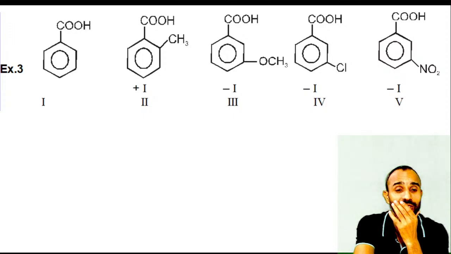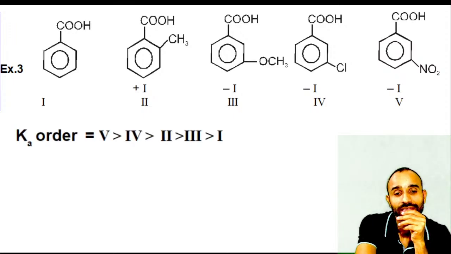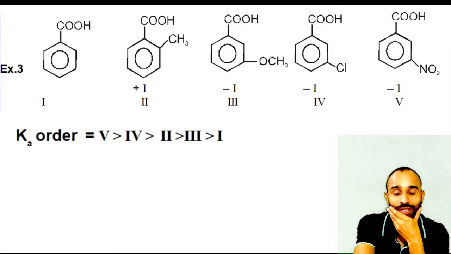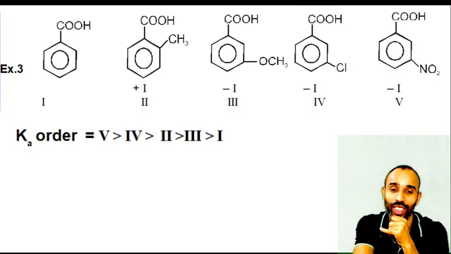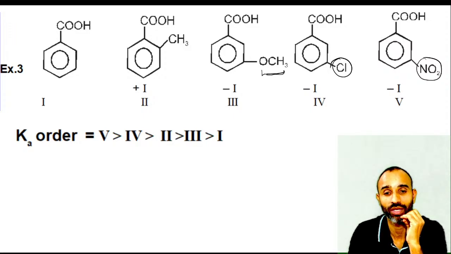Almost same, but one is at ortho position. It is 5, 4 and then 2, 3, 1, because they have very large minus I effect, though it has minus I effect, but it is less.